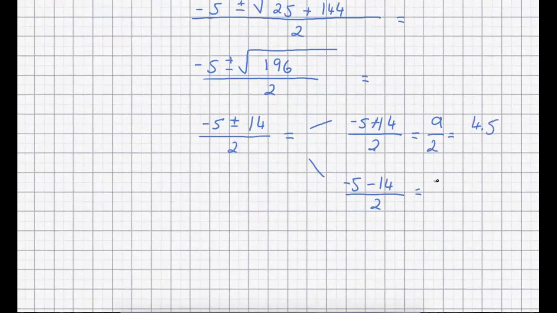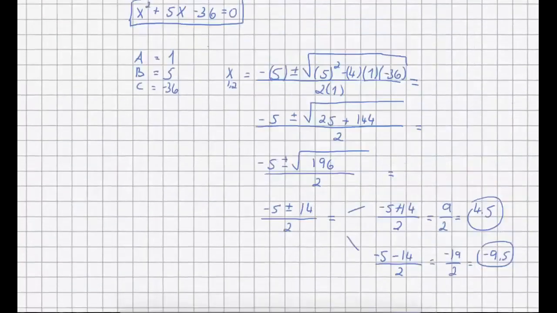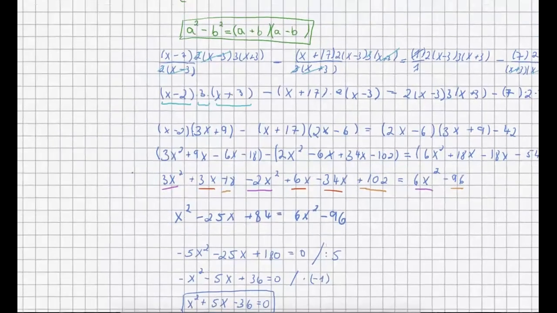And here you have minus 19 divided by 2, which is minus 9.5. All right. So this is one x and this is the other. And that's it. Awesome. Okay. Definitely needed that little reminder. Yeah. So let's have a recap on this.